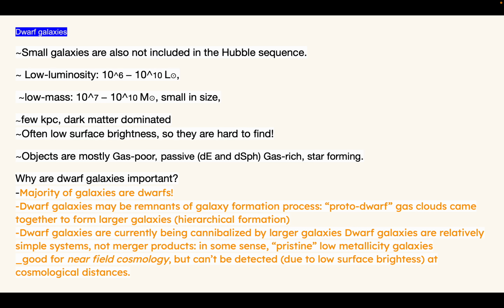Now we will introduce what the dwarf galaxies are. Dwarf galaxies are the smaller galaxies which do not get included in the Hubble sequence due to their low surface brightness or low mass. Often you will encounter this term, that the dwarfs have a luminosity of about 10 to the power 6 to 10 to the power 10 solar luminosity, and a mass of about 10 to the power 7 to 10 to the power 10 solar mass.